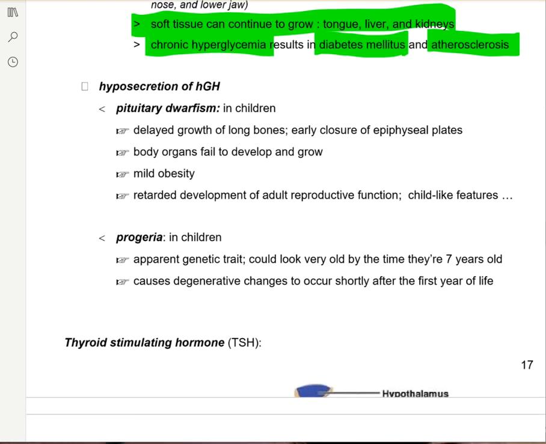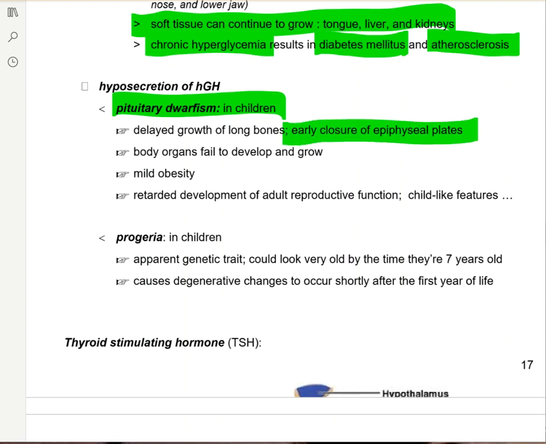Hyposecretion of HGH. So this is low levels, right? Low levels of HGH. We're going to see in children pituitary dwarfism. And this is often due to a genetic disorder, and this is where early closure of the epiphyseal plates occurs.